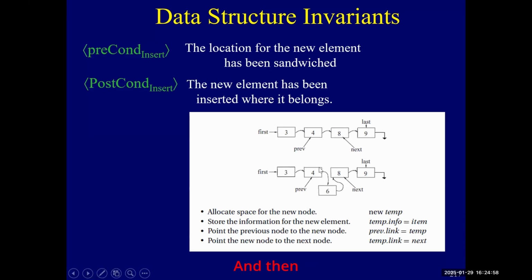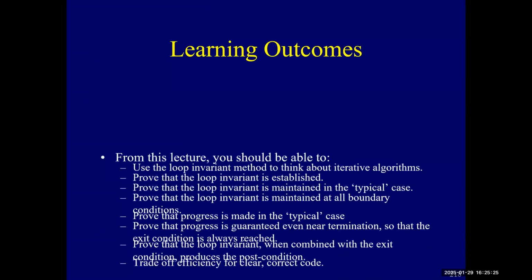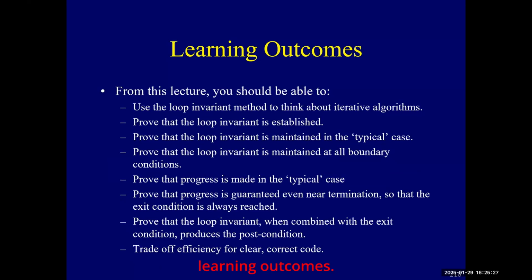Then the previous link needs to point at the new item, and then temp's link needs to point where next is pointing. Everybody see it gets us from that picture to this picture? Are people good with these things? If I'm not mistaken, the next assignment is on pointers.